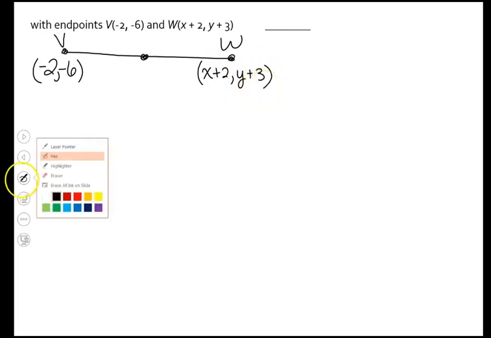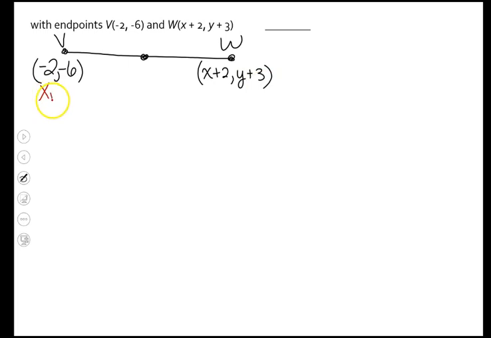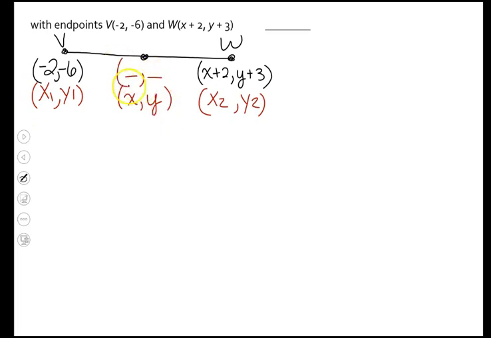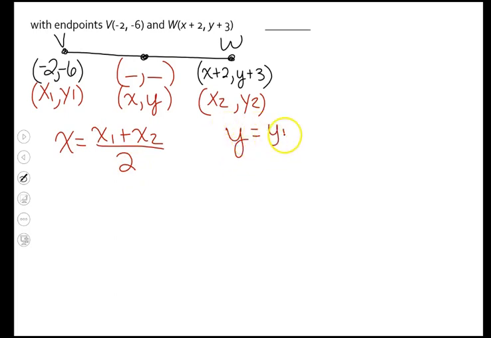You go ahead and label x1, y1, x2, y2, and of course x, y. What are we solving for? x, y. So it always makes it easier. I'm going to plug it into the formula x equals x1 plus x2 divided by 2. y equals y1 plus y2 divided by 2.